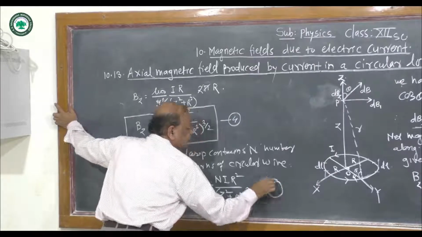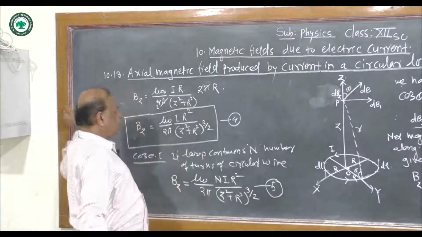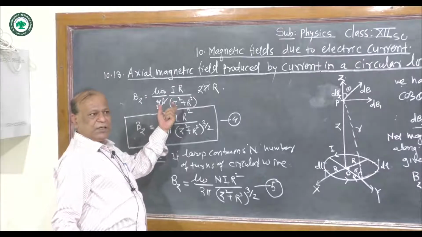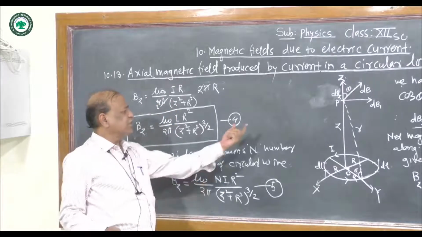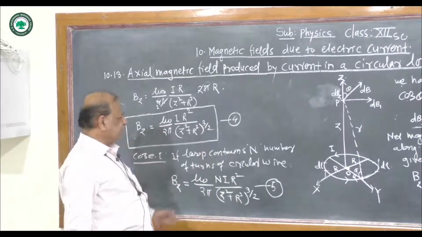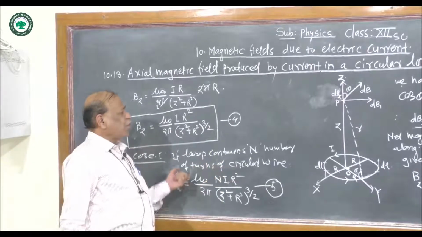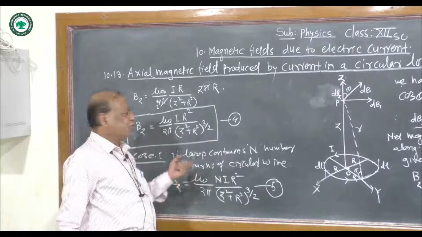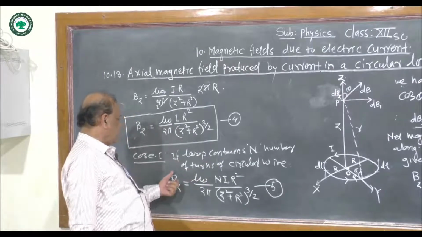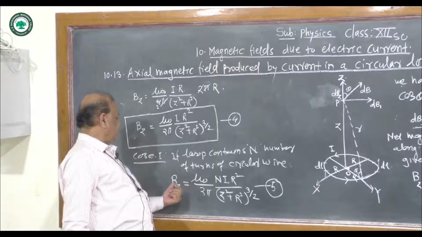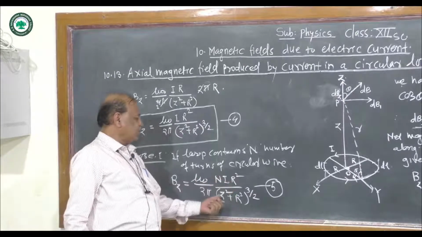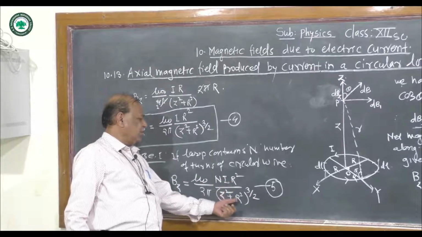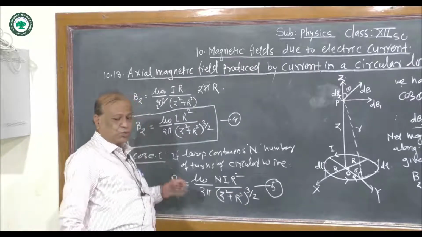This is equation 5. What is the change? Here the N term is introduced because that wire consists of N number of circular turns, and therefore the equation becomes B is equal to mu 0 upon 4 pi N I r square divided by z square plus r square raised to 3 by 2.